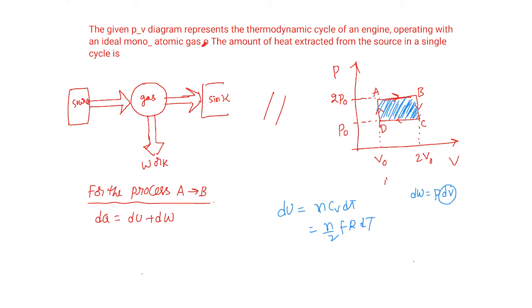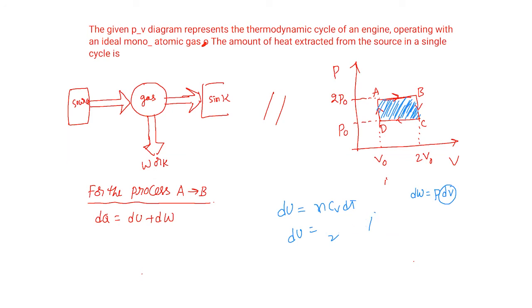So an ideal monoatomic gas is given. The number of moles is not given. Since it is a monoatomic gas, you can calculate the number of degrees of freedom. But to find the change in internal energy, you require dT, the change in temperature.